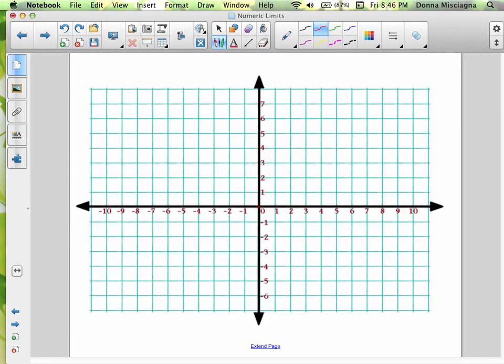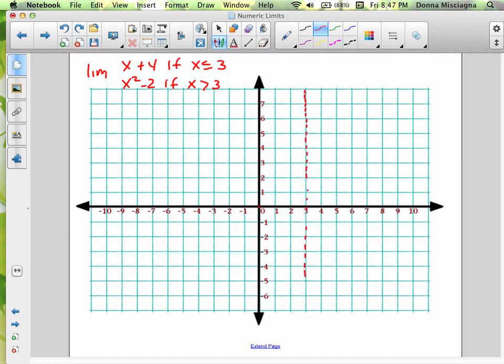Okay, so we're going to find the limit, and it was x plus 4 if x was less than or equal to 3, and x squared minus 2 if x is greater than 3. Right at 3 here, this is not a vertical asymptote.